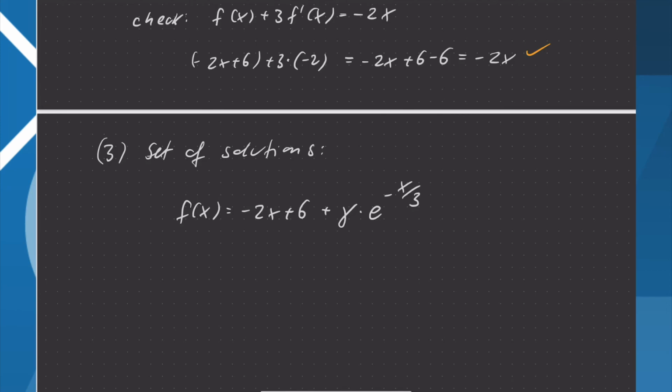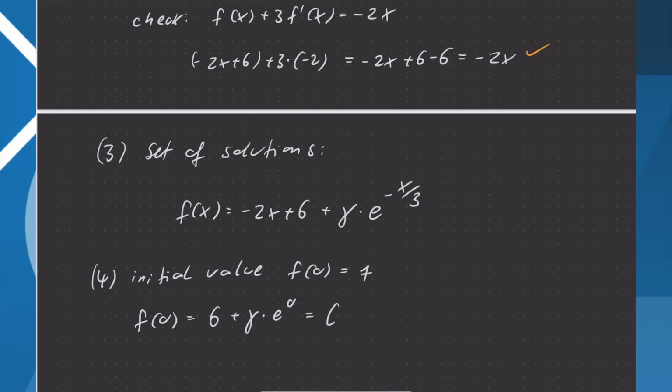And finally, we're going to use our initial value. Remember, that was f of 0 needed to be 7. So we just substitute that into the equation. f of 0 is 6 plus gamma times e to the 0. So 6 plus gamma.